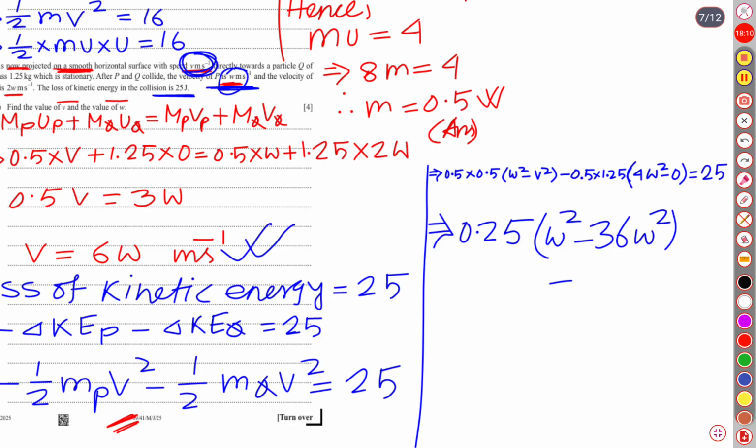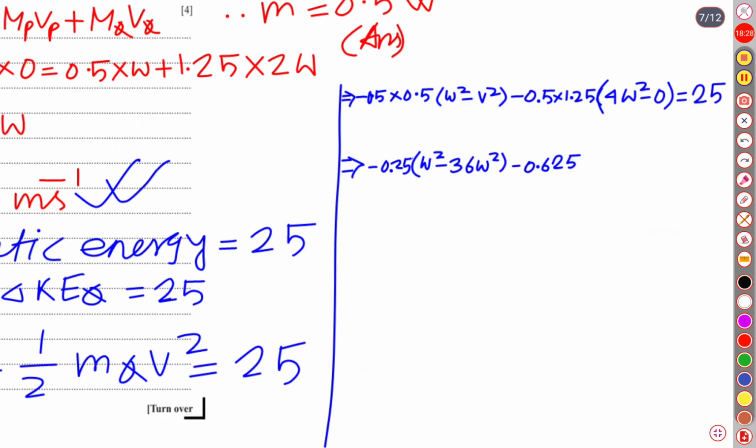So 0.625 into 4w square. If we multiply by 4w square, it is equal to 25. 25 is our right hand side.